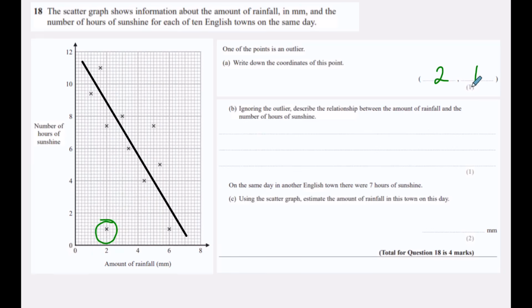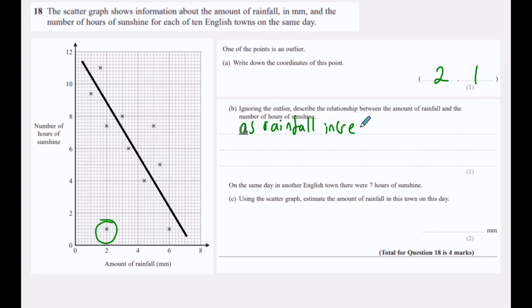Ignoring the outlier, describe the relationship between the amount of rainfall and the number of hours of sunshine. So as one goes up, the other one goes down. So as rainfall increases, sunshine decreases. And we can also write negative correlation.